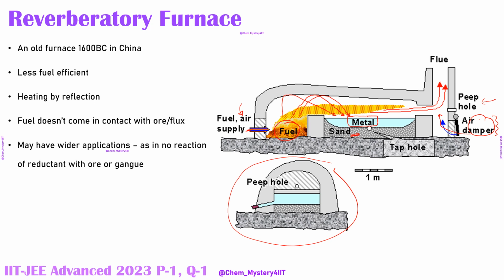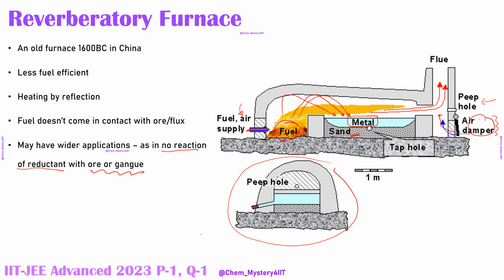In fact, this may have even wider applications. Like we have one condition. If you want no reaction taking place of the reducing things which are present in your fuels, a number of times, with the ore or gangue particles, if you don't want that to happen, if you want to protect your metal or your ore or your gangue particles from the contents of the fuel, which may mostly be carbon based, or sometimes rarely hydrogen based as well, you want to protect your things from the direct contact of fuel, then this is the best choice.